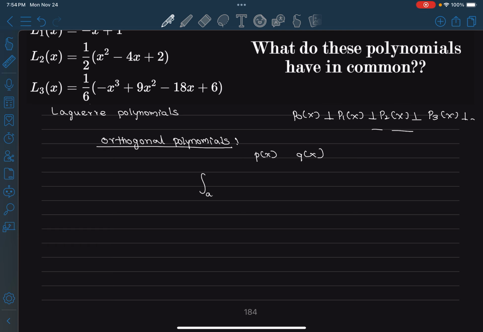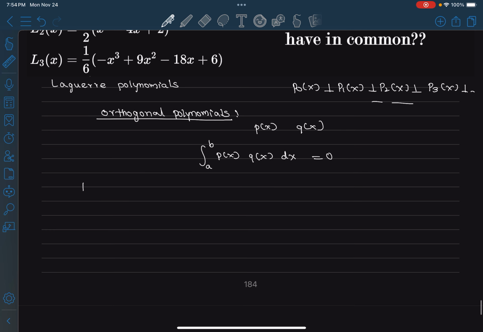If the integral from a to b of p(x) q(x) dx is 0, then we say that p(x) and q(x) are orthogonal to each other. Note that this is specific to a certain interval, on [a, b].